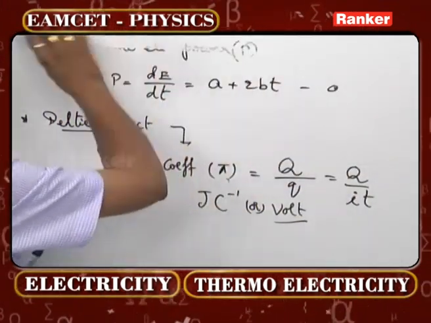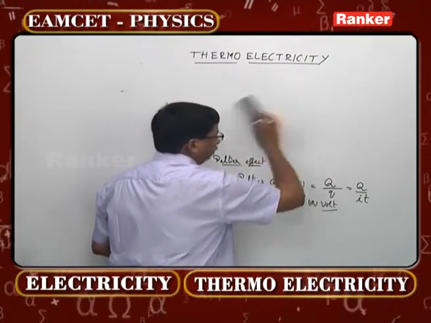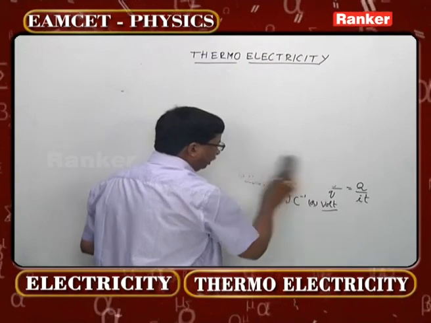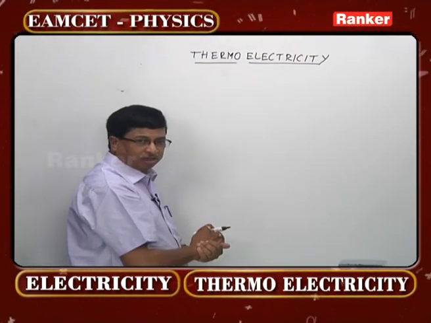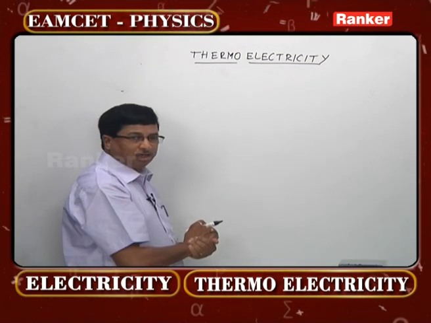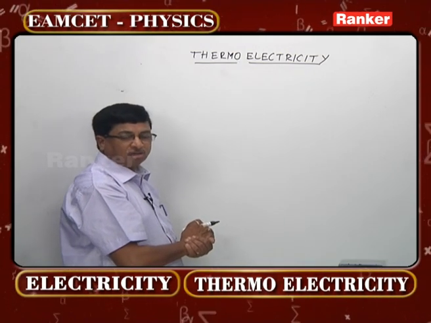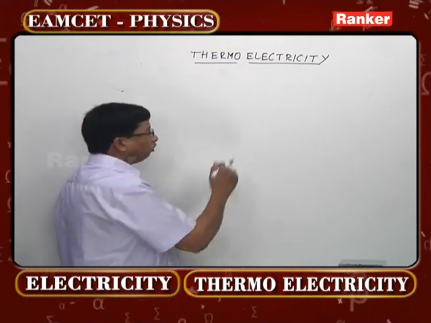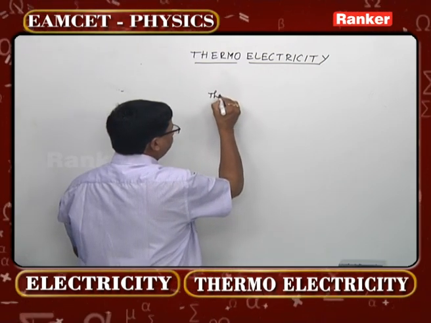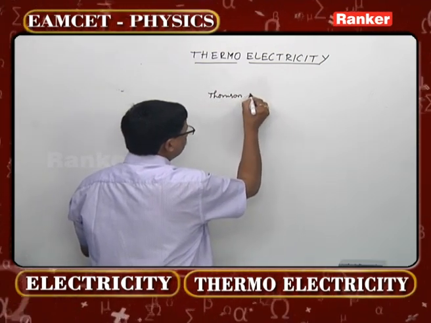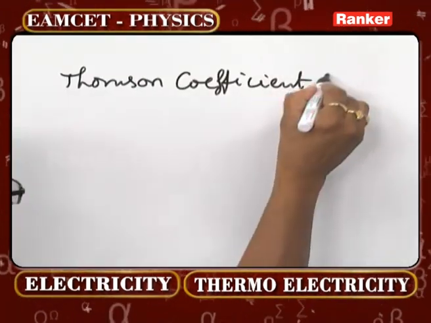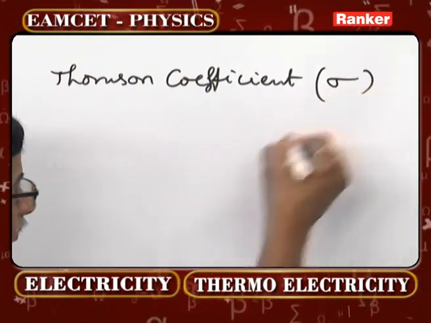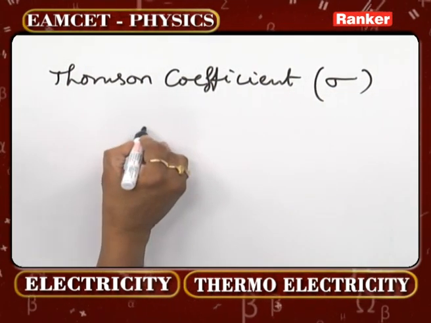Now according to Thomson, not only at the junctions do we get heat evolved or absorbed. Throughout the length of that particular conductor, at several points, heat absorption takes place and heat evolution also takes place. So what is this Thomson coefficient? We represent it by sigma.